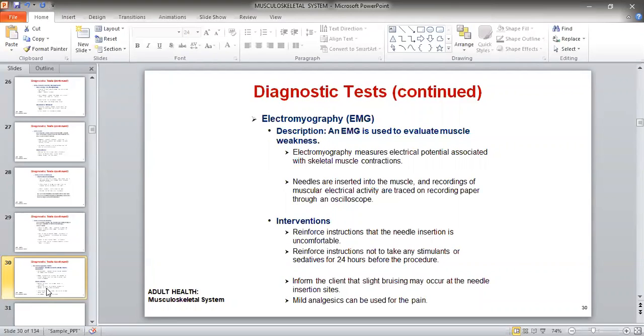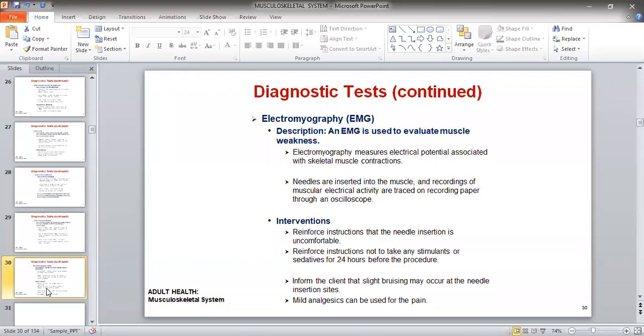Another one we have to talk about is arthrocentesis. Arthrocentesis can be diagnostic or therapeutic. For diagnostic, we can remove or collect some fluid from the joint for culture, right?